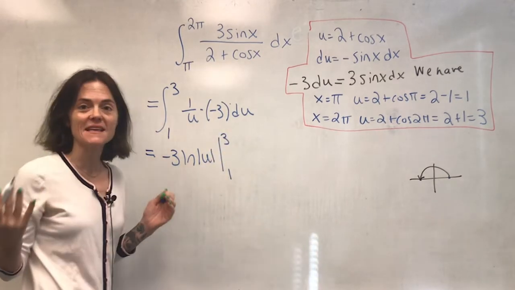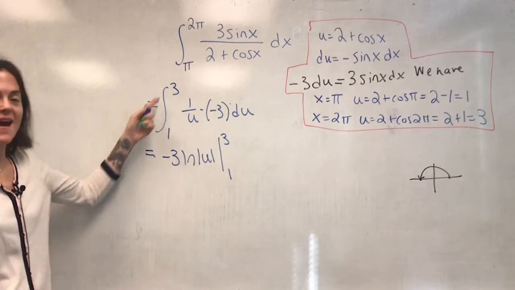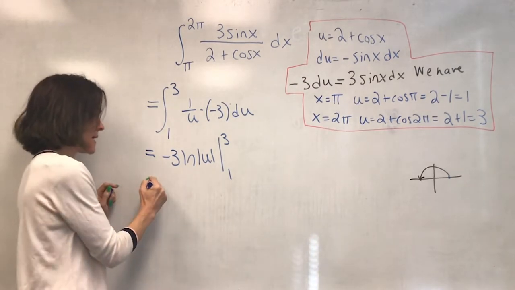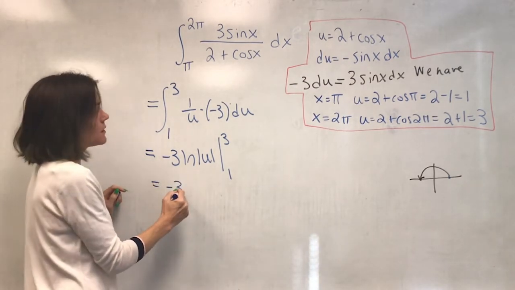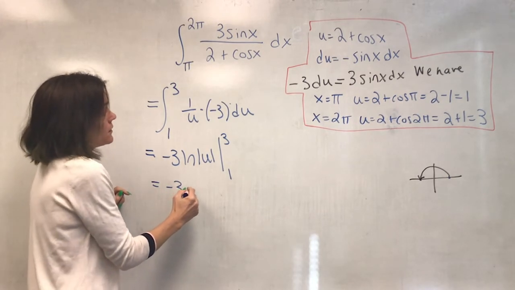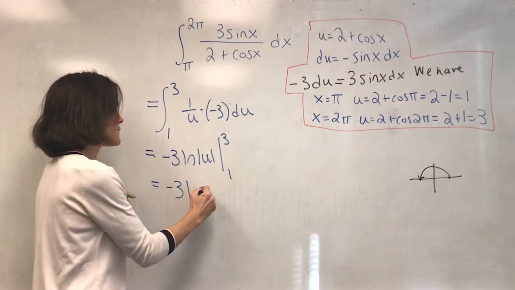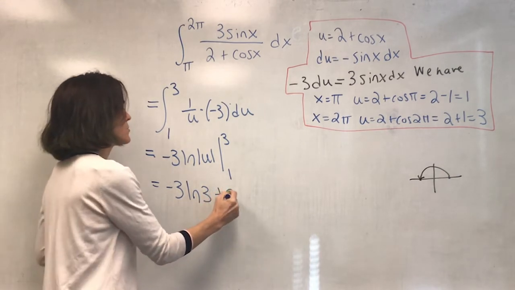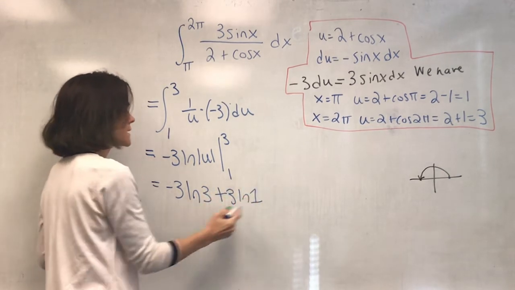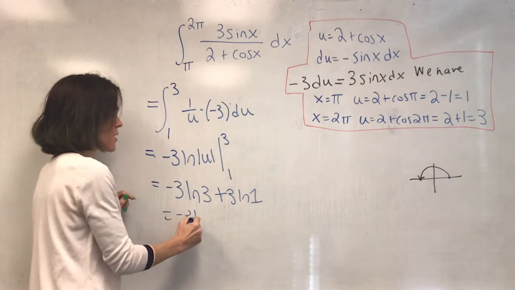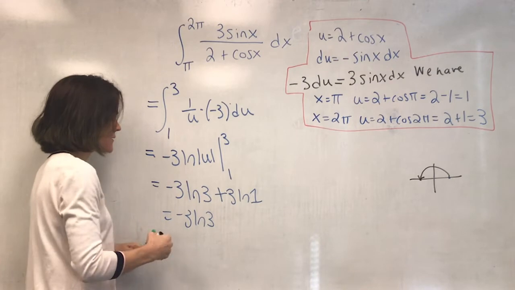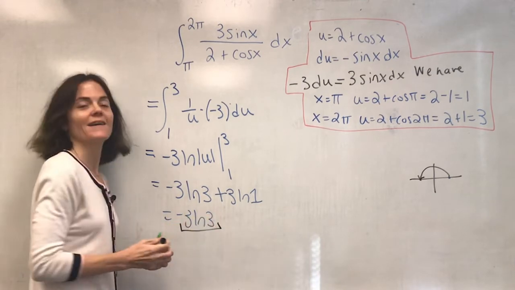You notice in this case, because I have changed my bounds to u bounds, I do not have to go back to x. Then I have minus 3 ln of 3, negative and negative becomes a plus 3 ln of 1. ln of 1 is 0, and so I am left with negative 3 ln of 3. And this is my final answer.